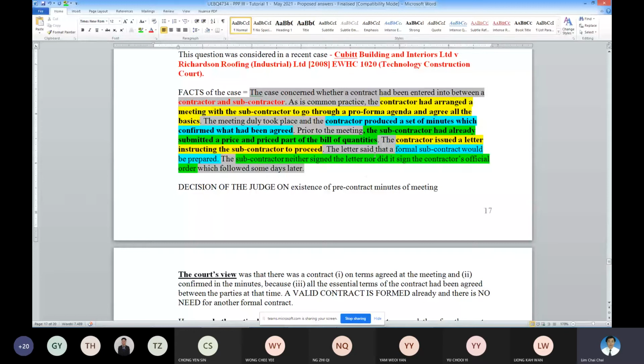But there is a meeting. In the meeting, the details of what to do and what the contract contents are were discussed. So now what does the judge decide on the minutes of meeting?